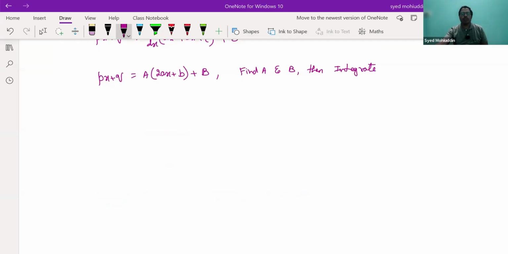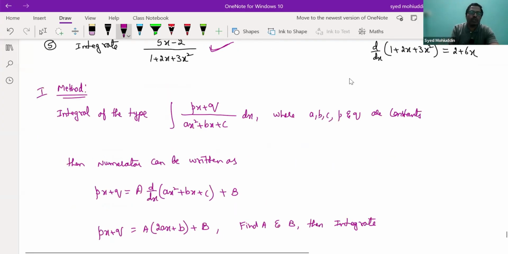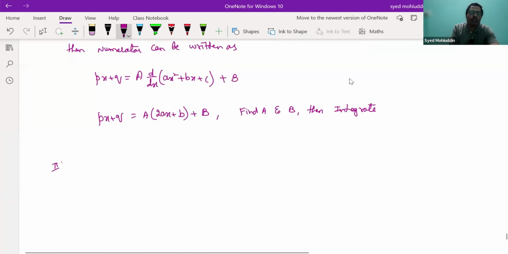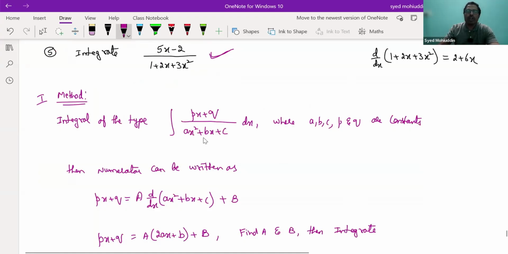All right, so let us take an example. Even in the case of a square root, the method is the same. The integral has the form px plus q, same integral, but in the denominator you do not have a square root.